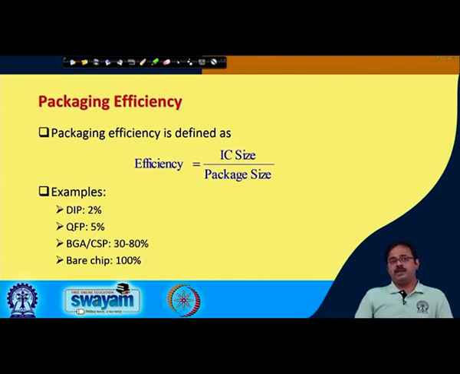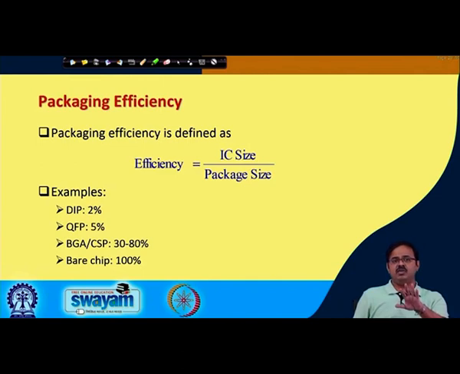If you go to ball grid array or CSP, that is 30 to 80%, CSP especially, as I said, 1.2 times, so it has to be more than 80%. And bare chip, if you just take it and put it on the motherboard, no substrate, nothing, direct bonding of the piece of silicon directly on the motherboard, that is 100%. Clear?